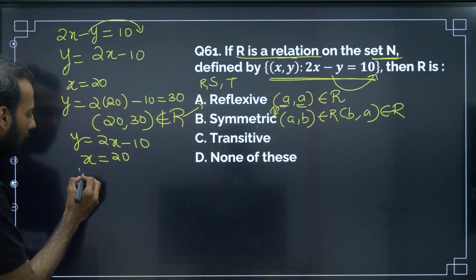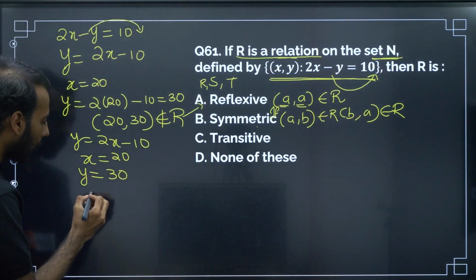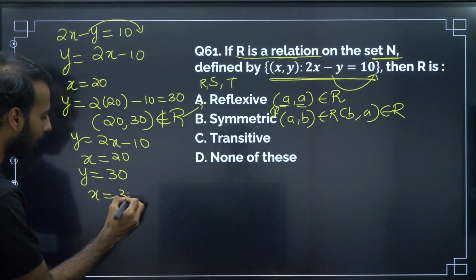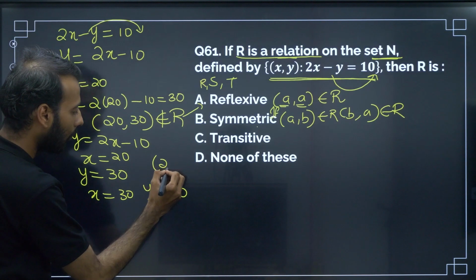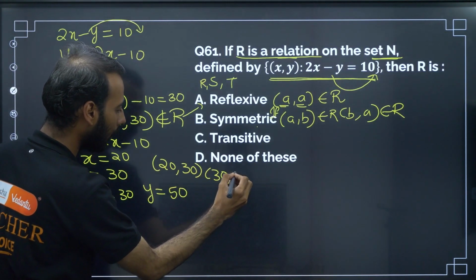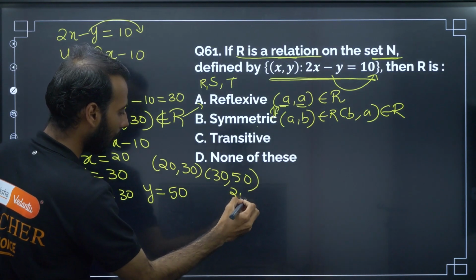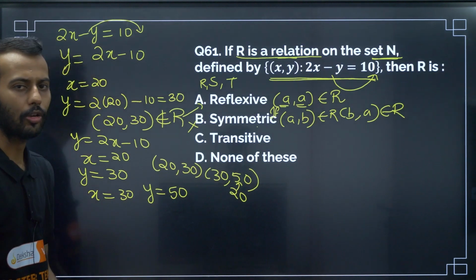If I am giving x as 20, I am going to get y as 30. But if I am giving x as 30, then y is 50. For 20 we are getting output 30, but for 30 we should get 20, but here we are getting 50. That means this is not symmetric. That's why I am discarding B option also.